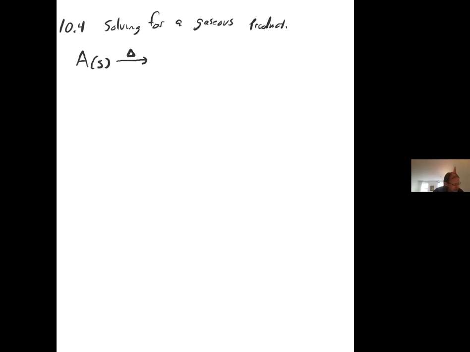And so when you heat this A, it might turn into a product which is also a solid maybe, but then also it might produce another product which is a gas. And so if you see a gas, you can generally use the ideal gas law. And so we can use the ideal gas law to do certain calculations of materials in these problems, okay?